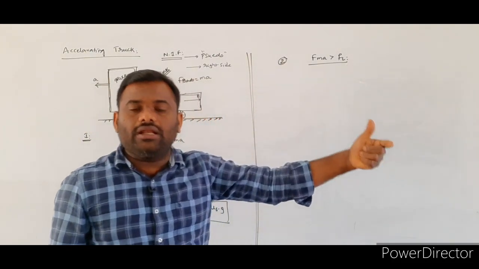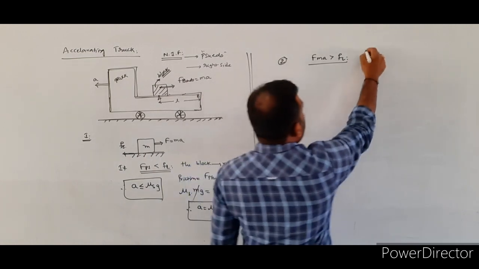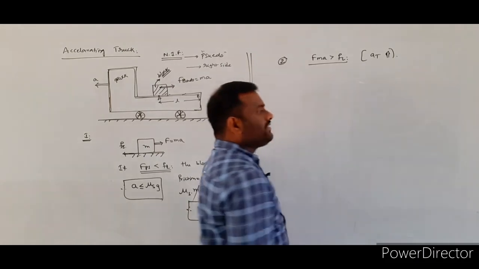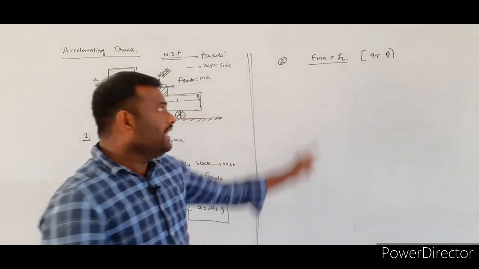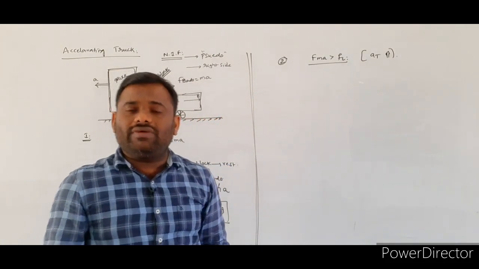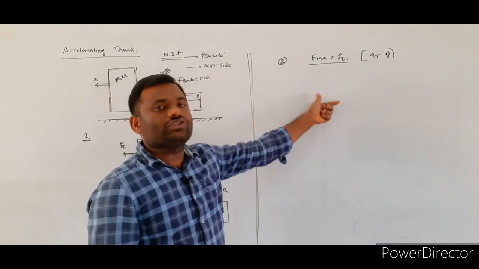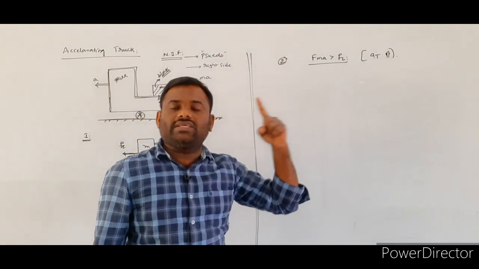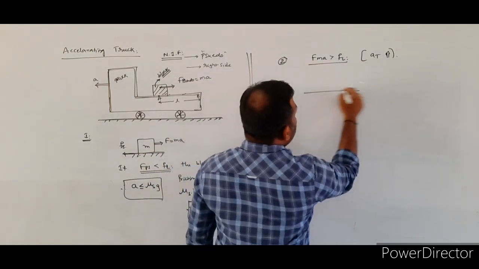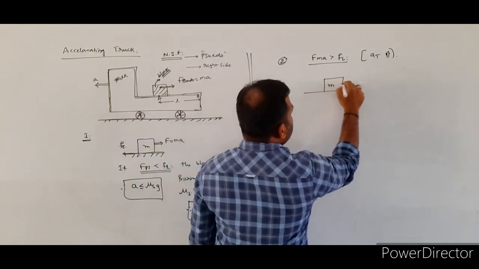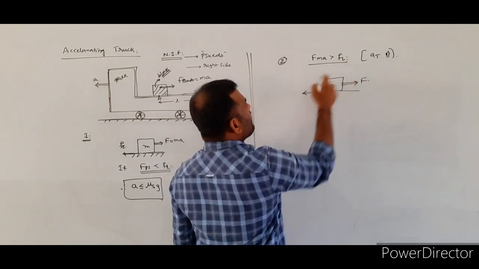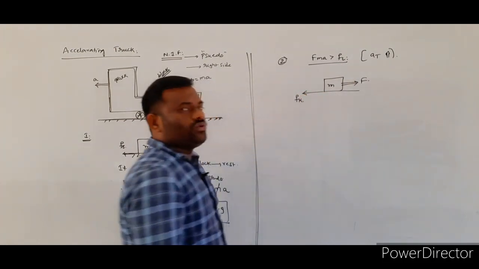This is possible whenever the acceleration of the truck increases, since automatically the pseudo force value increases. As we accelerate the truck, the pseudo force increases, and the block also comes into motion. So this is the direction of the pseudo force, and whenever the applied force is greater than the limiting friction, the block comes into motion.